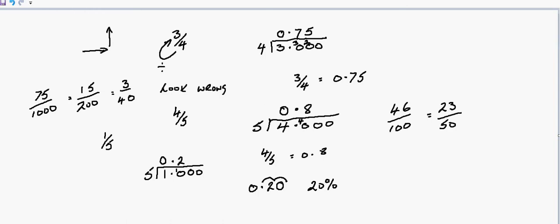It should look wrong. And decimals to percentages, percentages to decimals, the decimal point just moves 2 places to the right or 2 places to the left. It really is that simple. I hope that helps, and good luck.